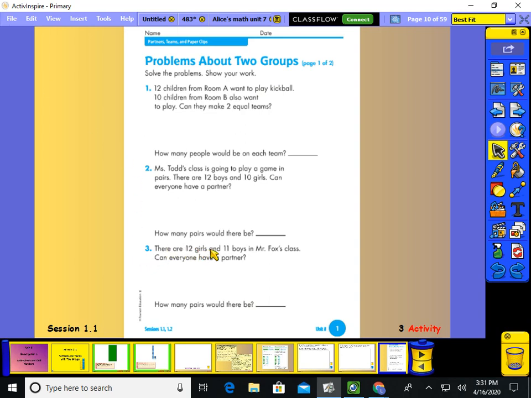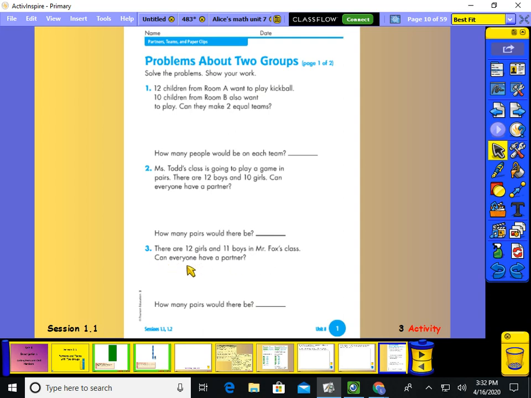There are 12 girls and 11 boys in Mr. Fox's class. Can everyone have a partner? So this problem is just a little bit different. Because I understand that 12 is even, but 11 is not. 11 is odd. So if I add an even number to an odd number, I will create an odd answer.